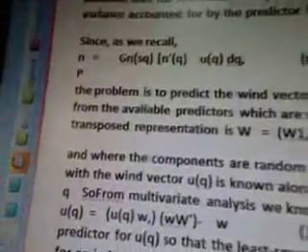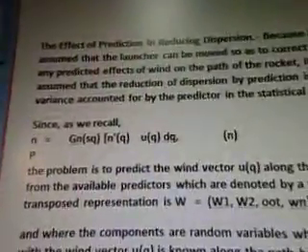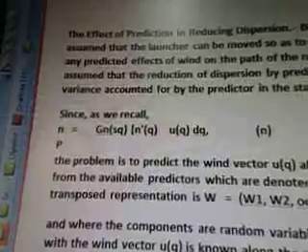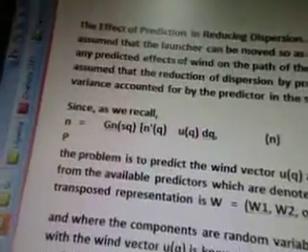Okay? The effective prediction in reducing dispersion. Because it is assumed that the launcher can be moved so as to correct the aim for any predicted effects of wind on the path of the rocket, it can also be assumed that the reduction of dispersion by prediction is equal to the variance accounted for by the predictor in the statistical sense.